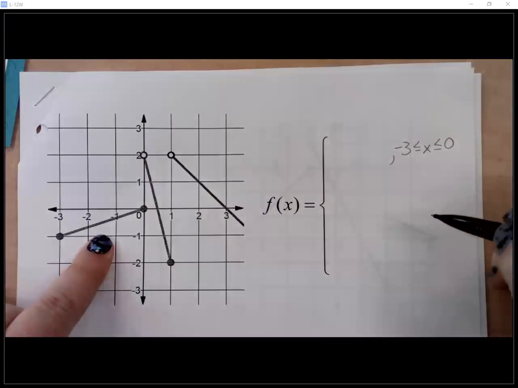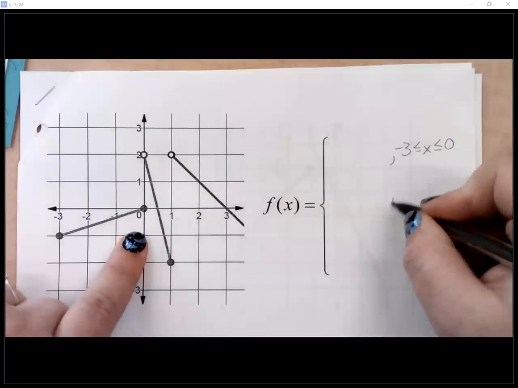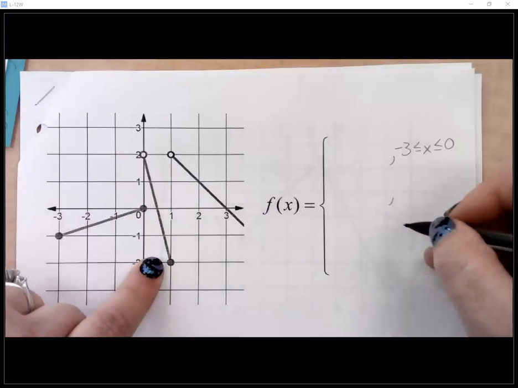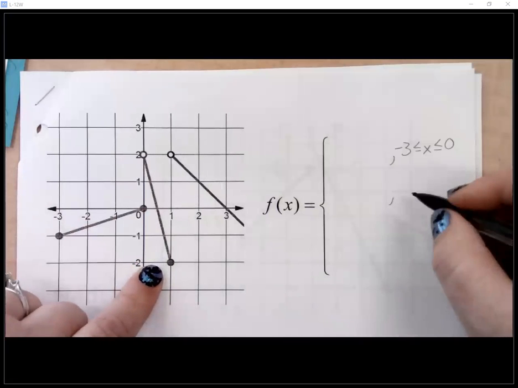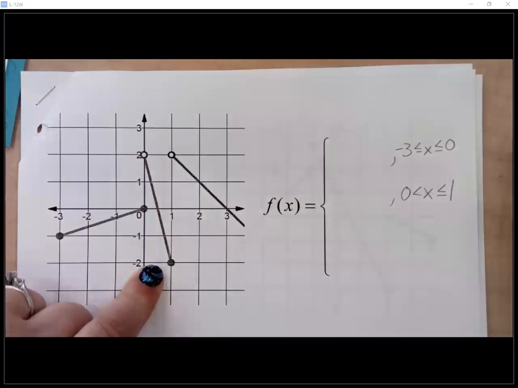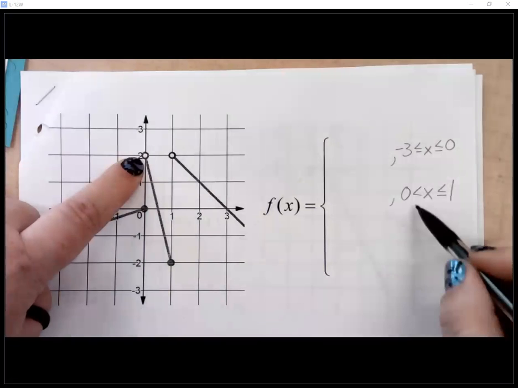You follow me? So what would my sort of breakdown be for this middle piece? Where is that existing between what and what? Jake? So x has to be greater than 0, but it has to be less than or equal. Yes. Do you guys see that? Notice how it has an open dot at 0. So I'm not going to have the or equal to part.